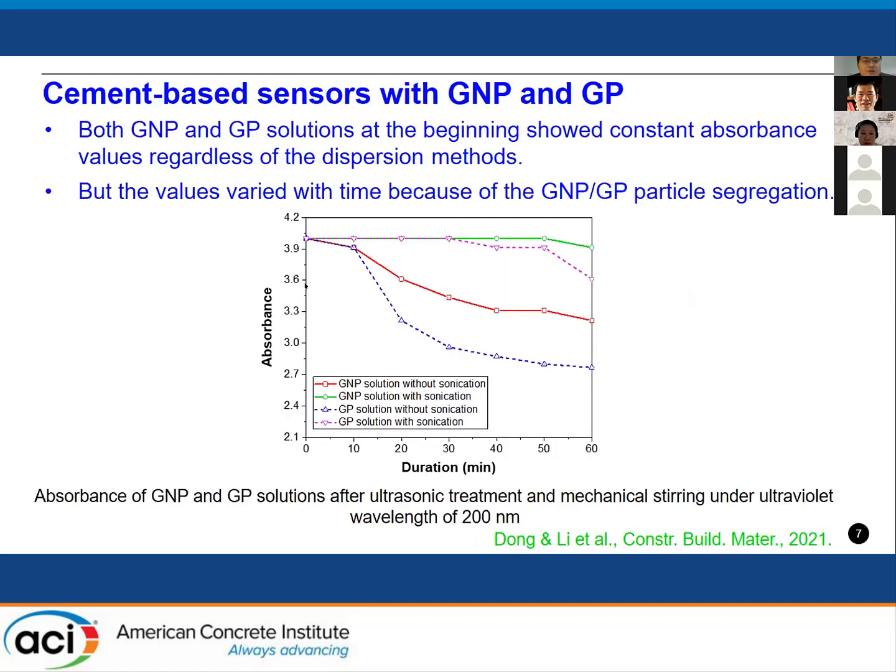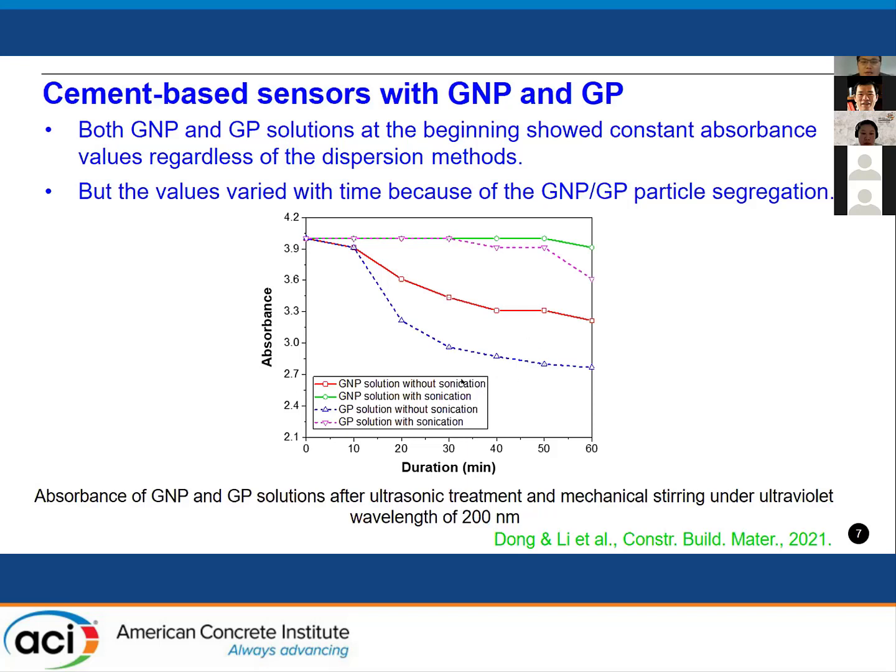Now let's look at the absorbance of GNP and GP solutions. As you can see from here, at the beginning, both GNP and GP solutions exhibited constant absorbance values regardless of the dispersion methods. But these absorbance values change with time because of GNP and GP particle segregation.